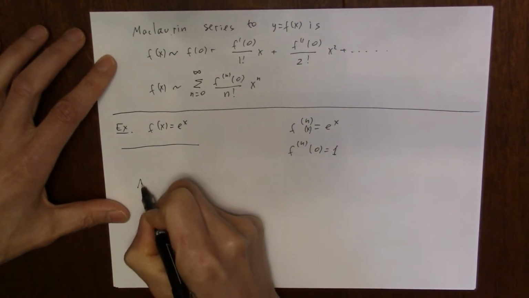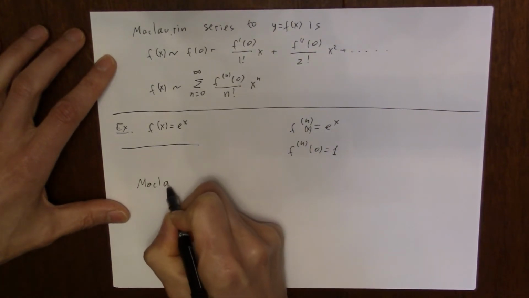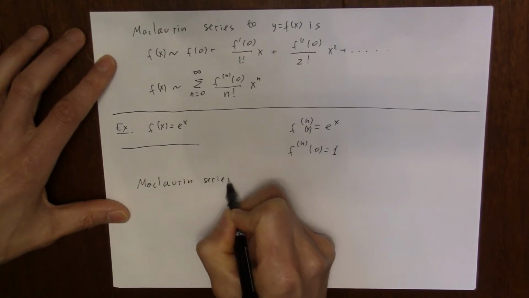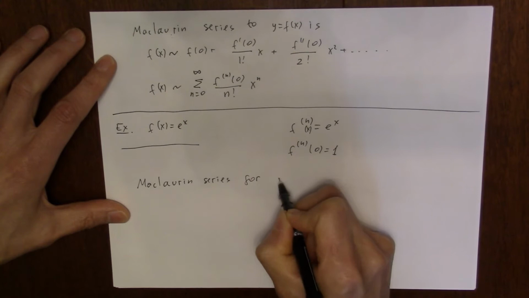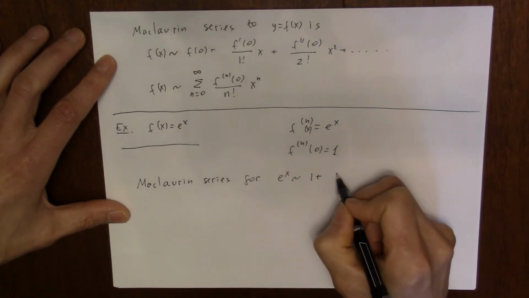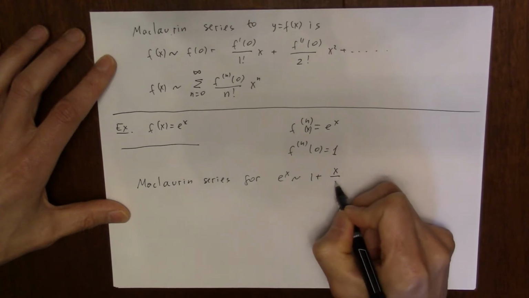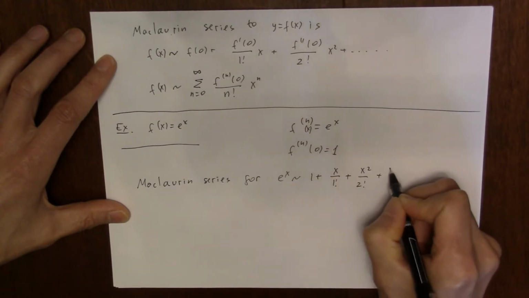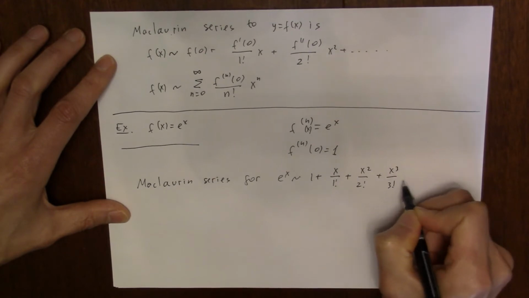So our Maclaurin series for e to x is 1 plus x over 1 factorial plus x squared over 2 factorial plus x cubed over 3 factorial plus and so on.